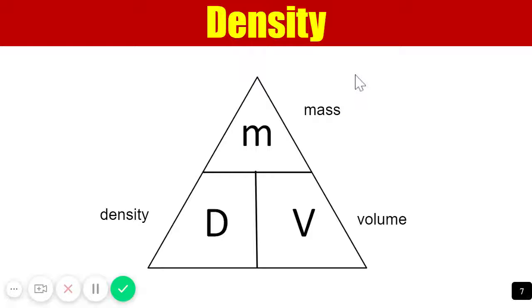So say for example, if I'm looking for mass, I will cover the mass unit. So what you're going to do right now, if you're watching on your computer screen, is take your hand and place it over the mass. So if I'm calculating the mass, you will see D and V. So M equals D times V. We will see that in the calculation and you will know what I mean.